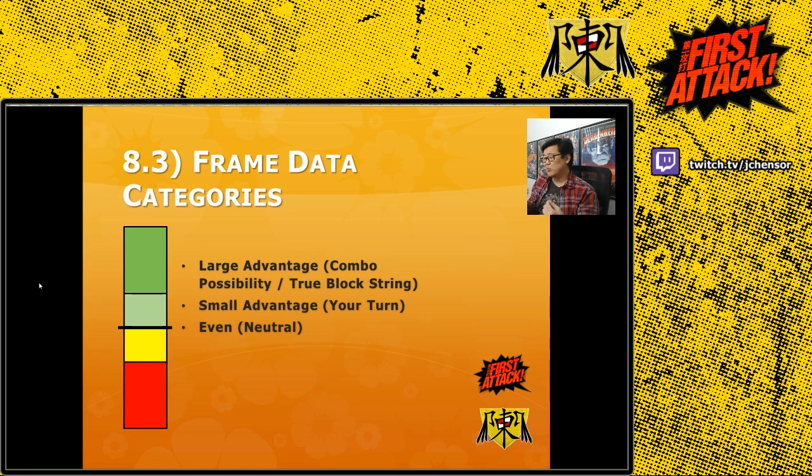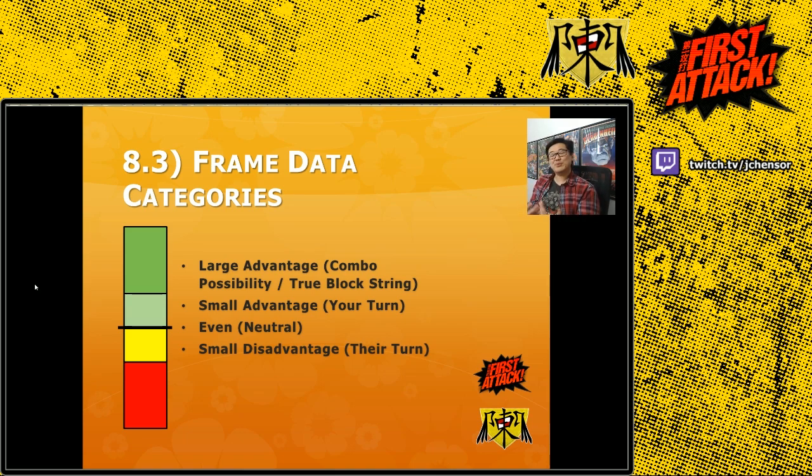So when a move ends up being 0, you're both at neutral, even if you're right next to each other, because you can both do whatever you want at the exact same moment. It's technically neutral even though you're in each other's face. It's just a very uncomfortable position, and you will be leaving neutral very quickly in most of those situations because of the proximity.